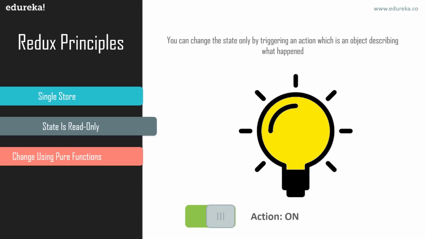Let me repeat quickly once again: in a single store, the state of your application is stored in an object tree within a single store. This makes it easy to create universal apps, as the state from your server can be serialized and hydrated into the client with no extra coding effort. So there will always be a single state tree, which makes it easier to debug or inspect an application.